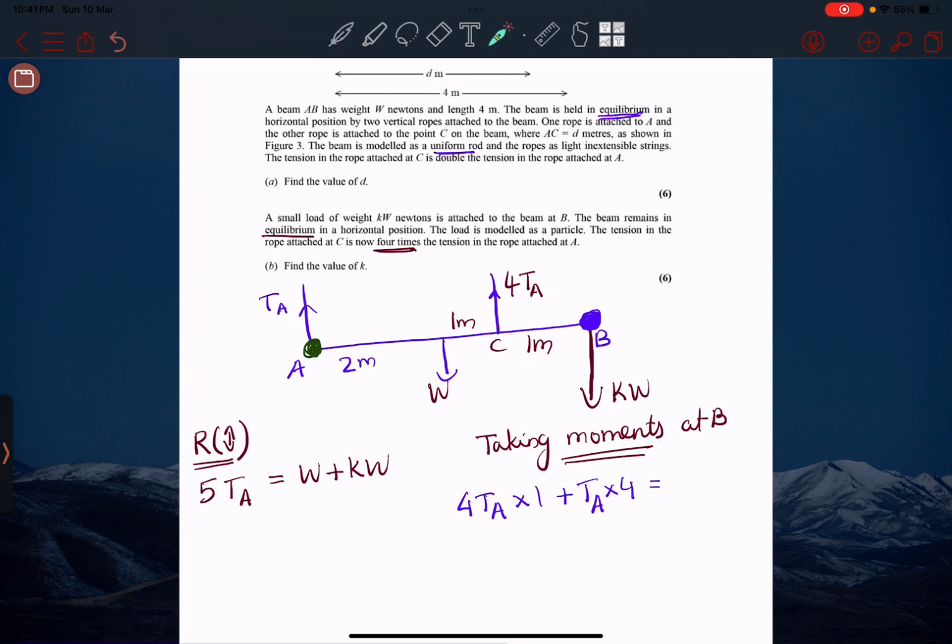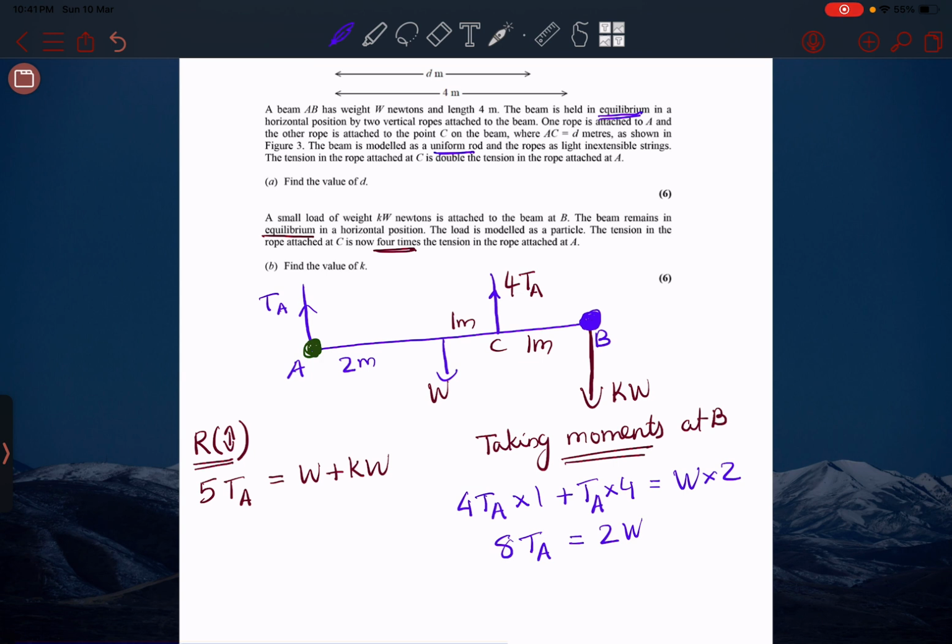The moment going in the anti-clockwise direction is caused by W, times the perpendicular distance, which is 2. So we now have 4TA plus 4TA, so that's 8TA equals 2W. Does that help me?